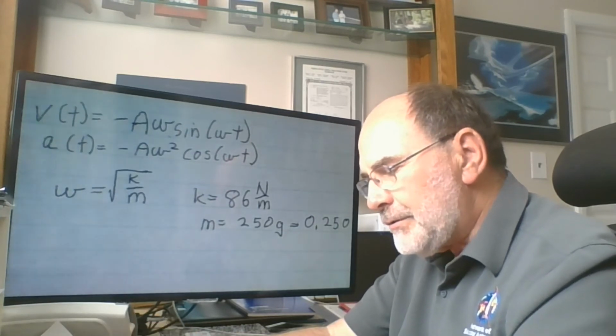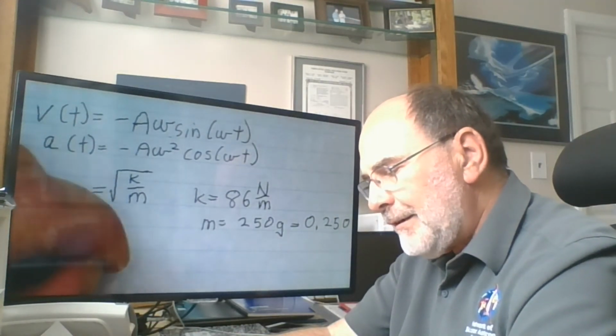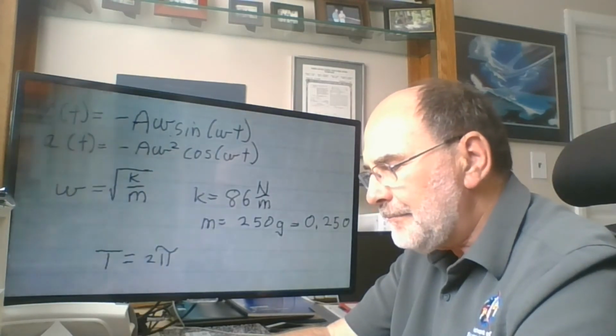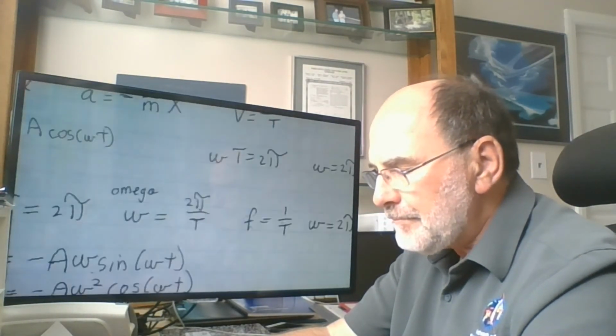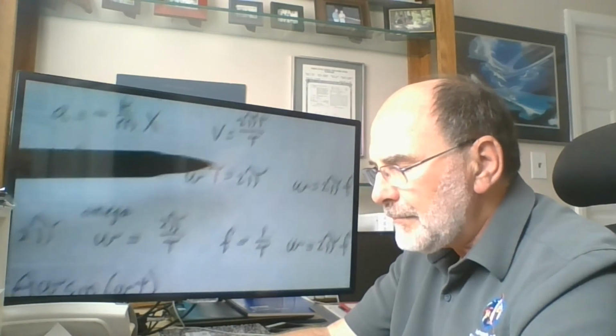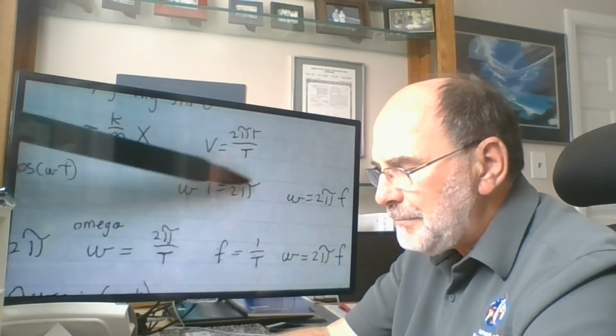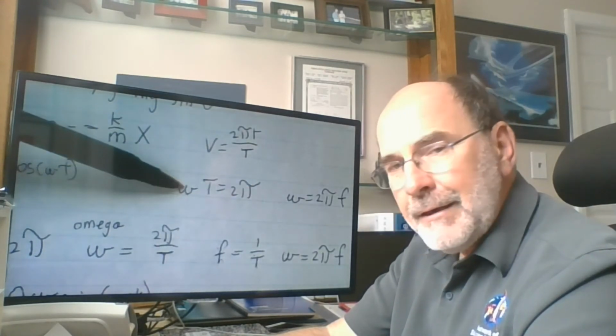And you would say the period of oscillation is equal to 2 pi, you can see that from here. The period of oscillation is equal to 2 pi divided by omega.